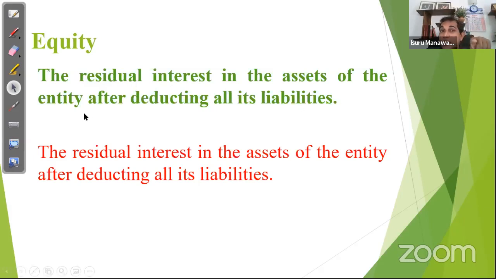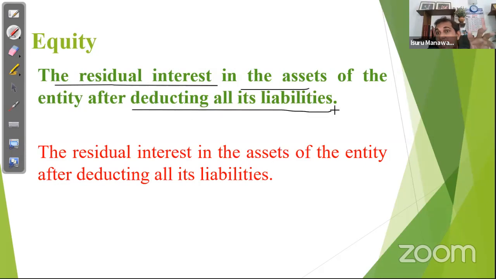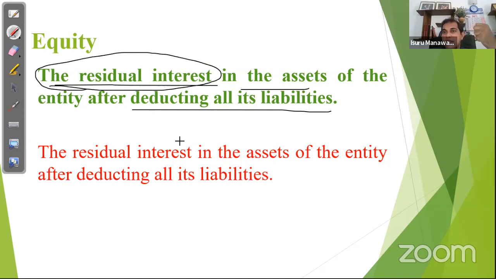So I hope you understood the definition. The residual interest in the assets after deducting all its liabilities. Asset minus liability, you will be getting equity. So they use residual interest, the balancing figure.